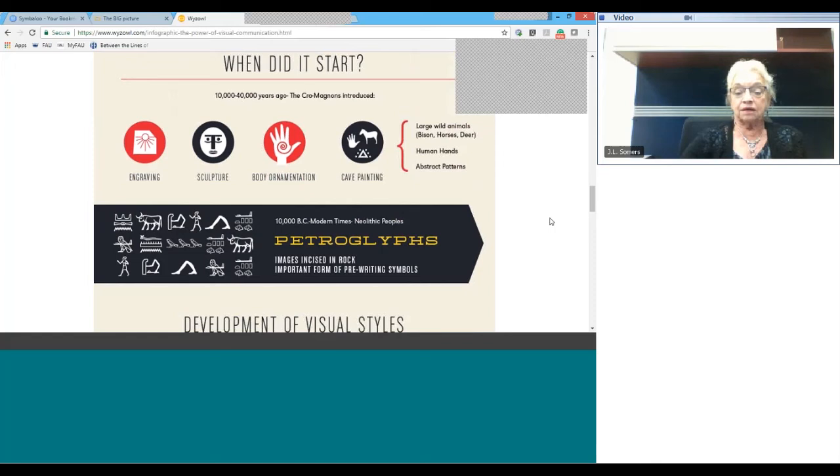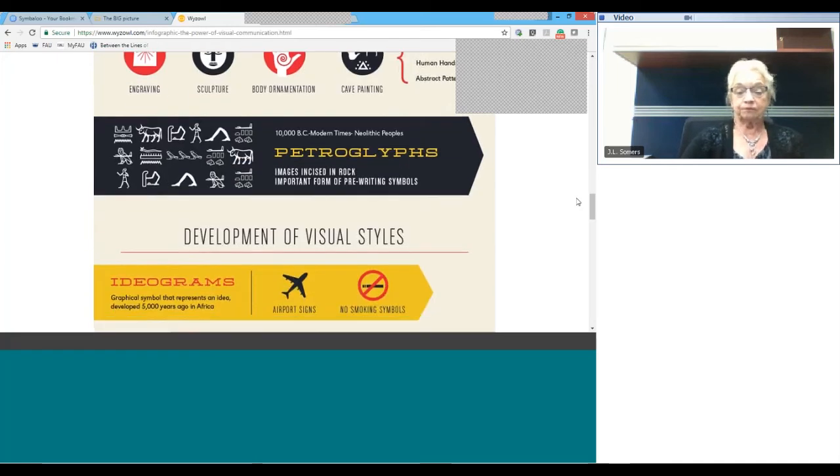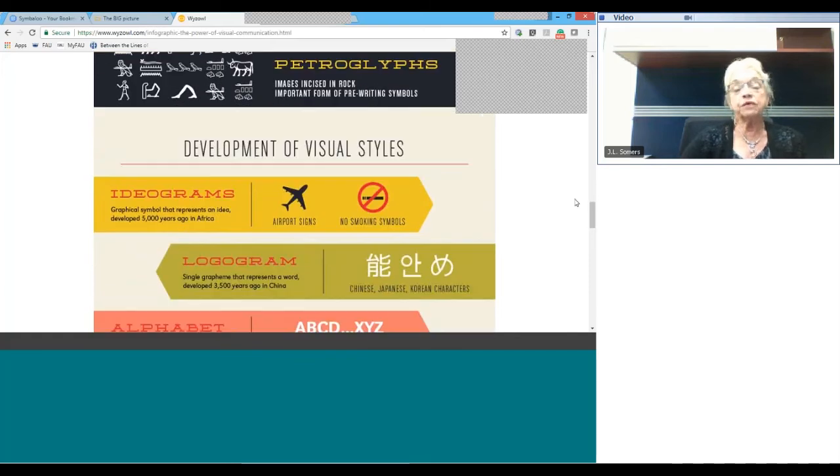And then the petroglyphs, and I had the opportunity to see some a couple of weeks back that are just incredible, to see how these things are created and interpreted and still there for us to see, images that are carved in the rock. So there's a number of different visual styles represented in this.